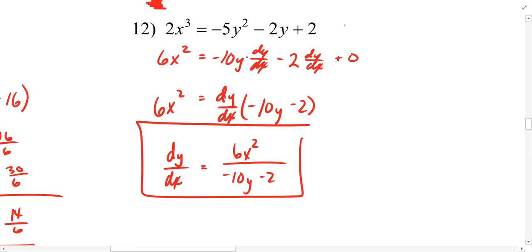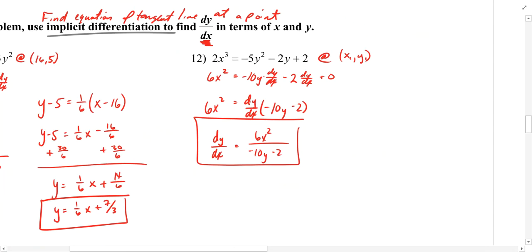And of course, if I had a coordinate, some x and y coordinate, x1 and y1, we can now apply the differential using the x1 and y1 values to find the slope of the line, and then our point slope formula to report our tangent line at that specific point.